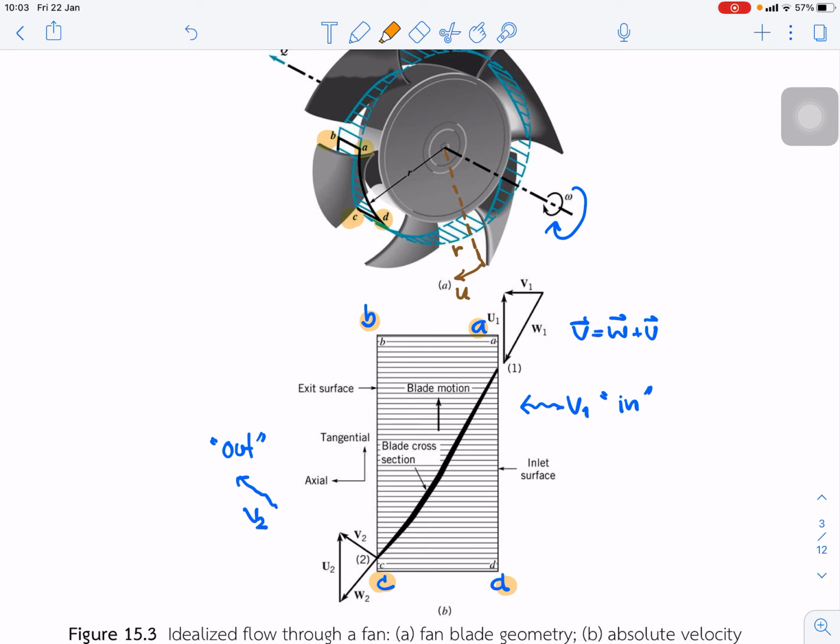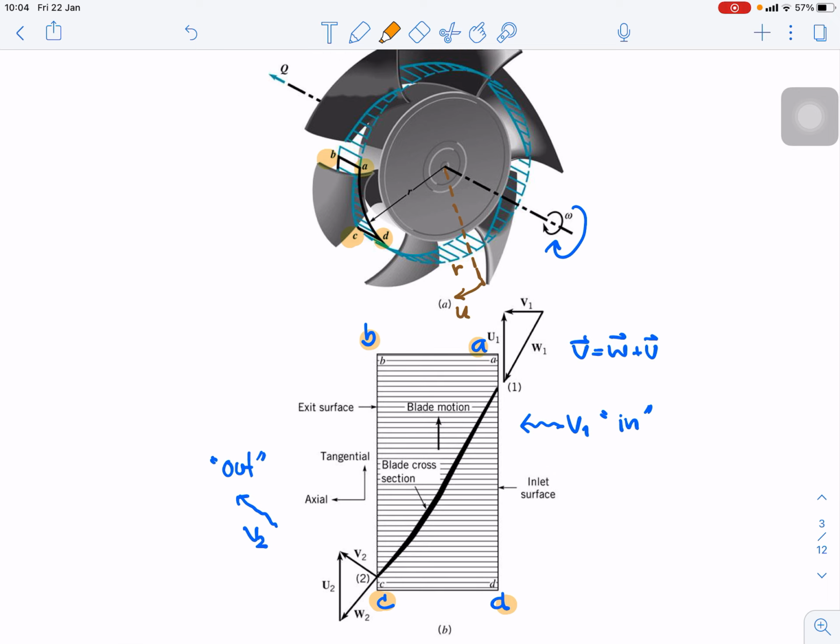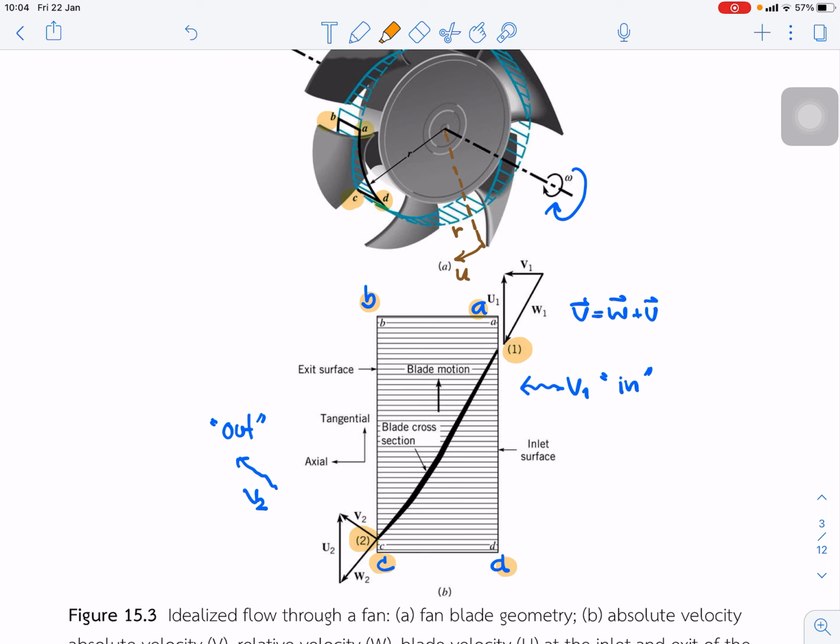Assume that flow moves around the blade from point 1 to point 2. At point 1 the air enters and leaves the fan at the same distance from the axis. So in this case we assume that U1 equals U2 because it's the same radius.